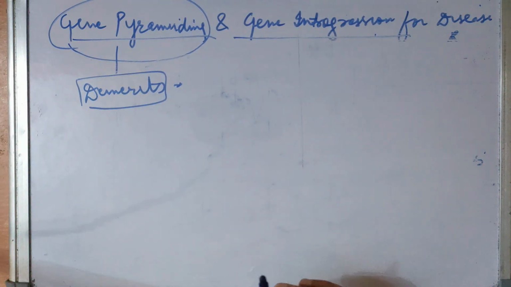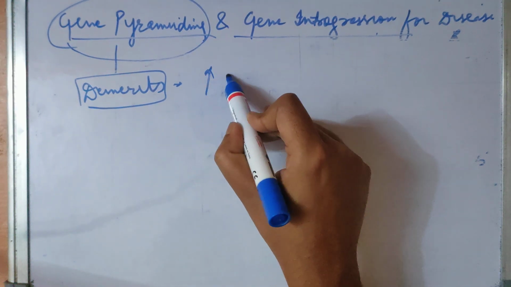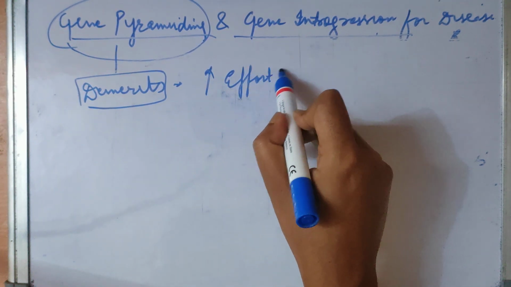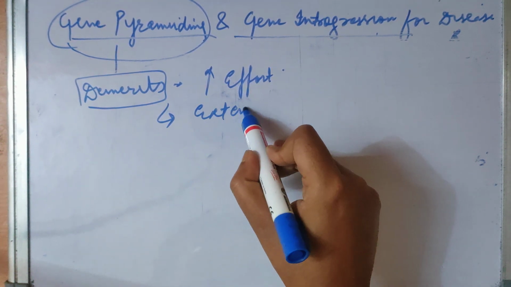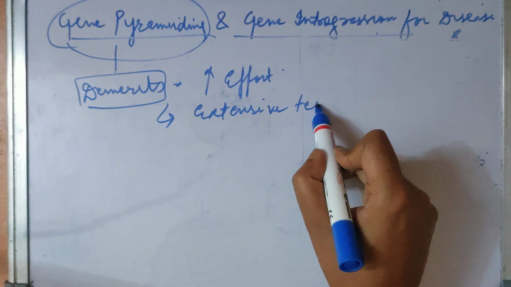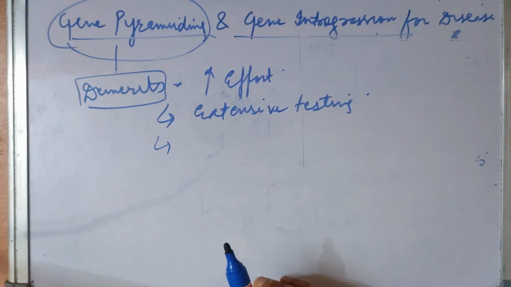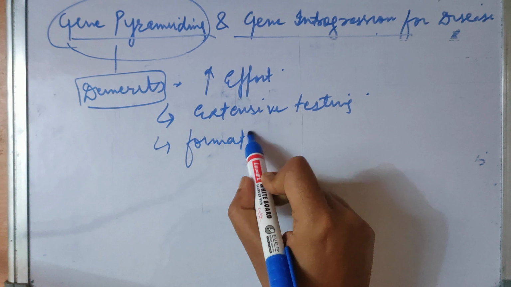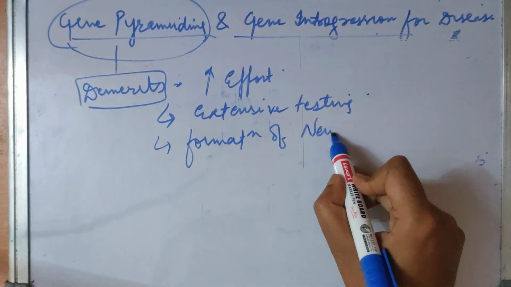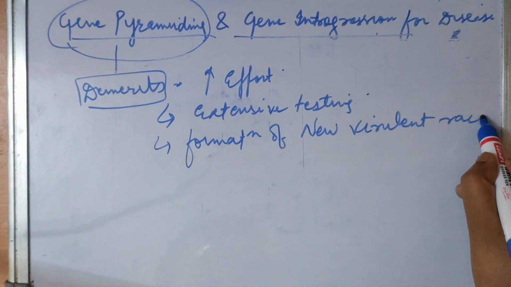Demerits: a lot of effort is required to incorporate several genes, and it requires extensive testing. This approach will enhance the chances of formation of new virulent races of the pathogen.